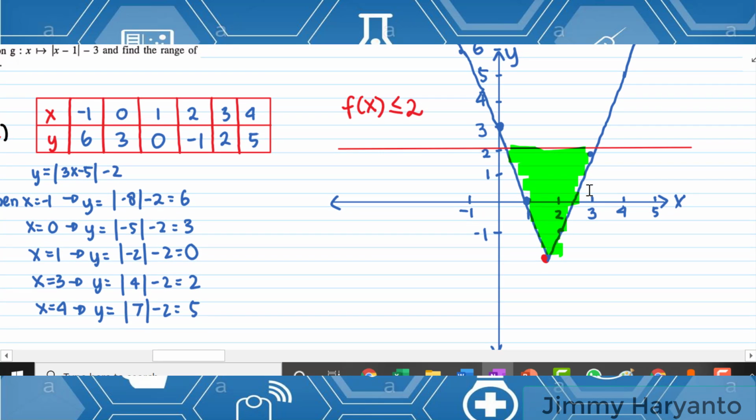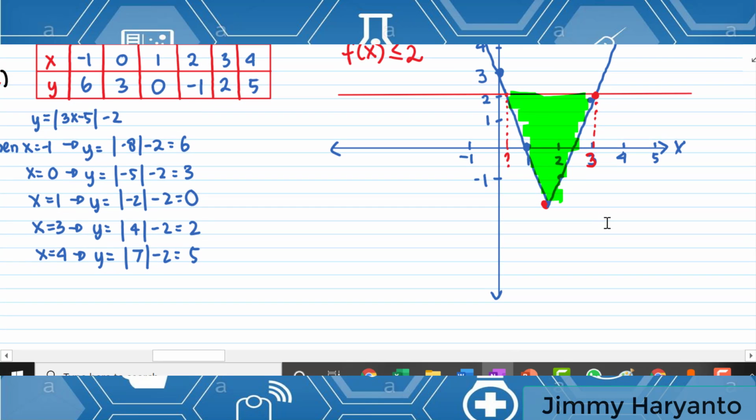For that part, you have to find the range of x. The range of x is from this number we don't know yet till here, till 3.